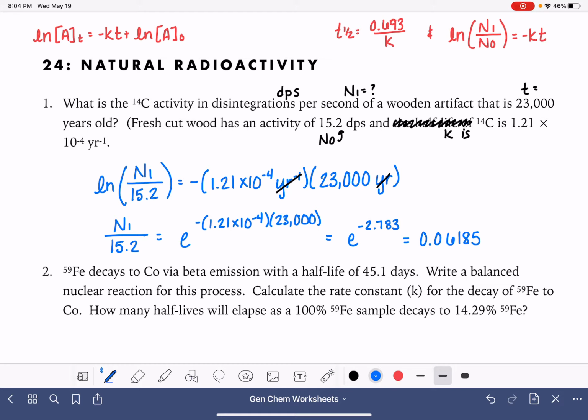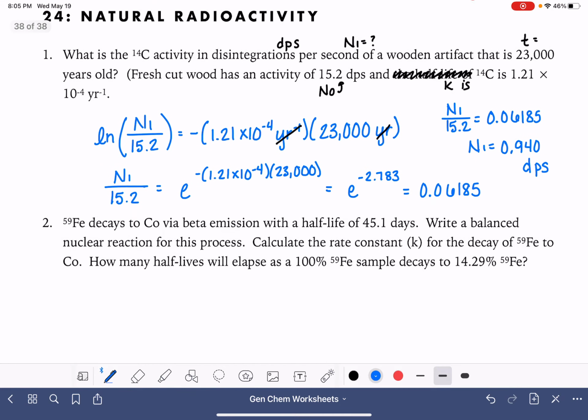Now I'm going to write the left-hand side again. I have n sub 1 over 15.2 equals my right-hand side, which I've done all the math on, and works out to be 0.06185. So n sub 1 is 0.940, and the units of that are disintegrations per second. This is just saying the number of times that the substance disintegrates every second.